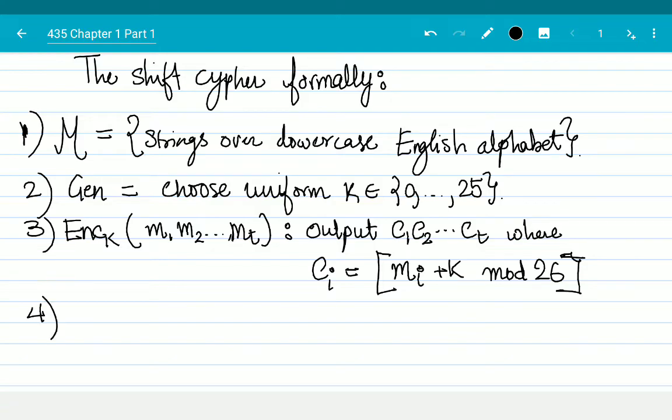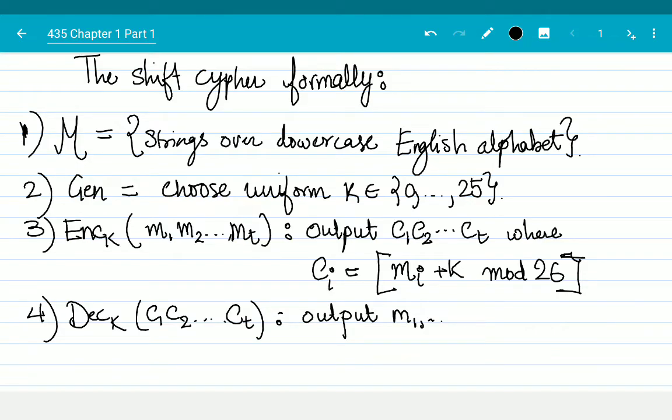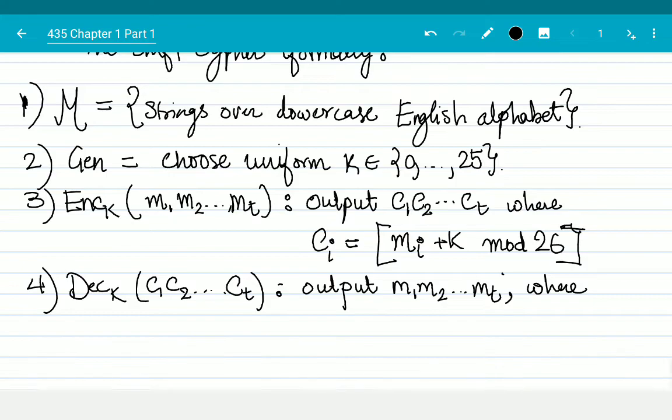And for decryption, using k on c1 c2 ... ct, output m1 m2 ... mt, where mi is equal to ci minus k mod 26, right?